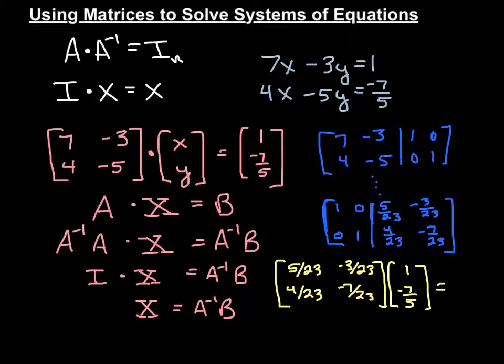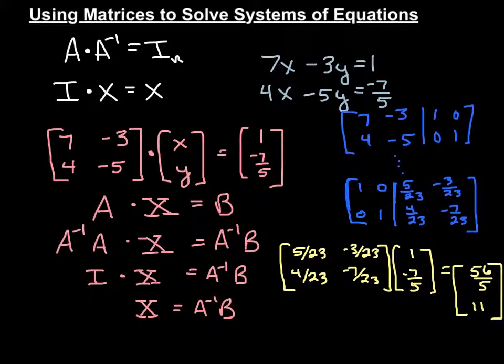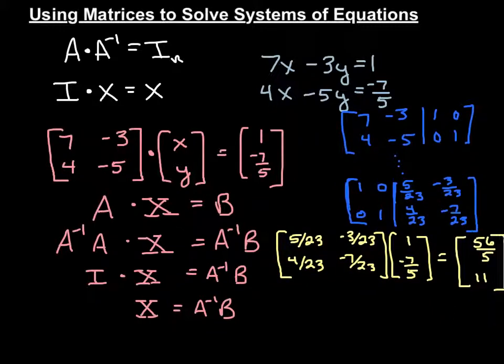And that's equal to 56/5 and 11. And that would be your answer. So the answer is, let me move these things a little bit. So that means x is equal to 56 over 5, and y is equal to 11.